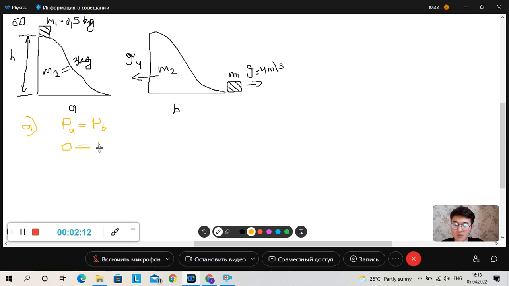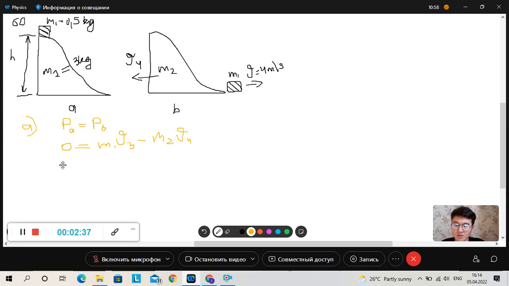In B, the momentum is equal to m1 v3 minus m2 v4, because one moves to the left and the other moves to the right.